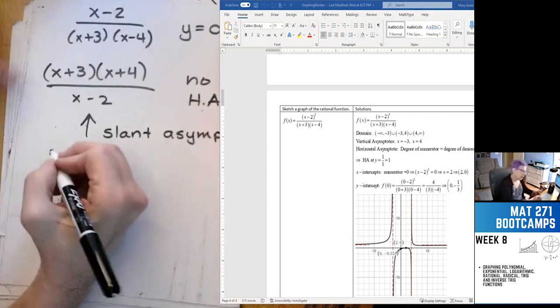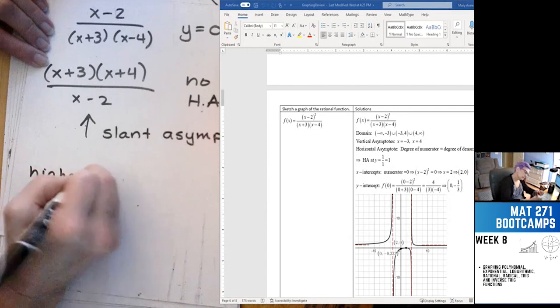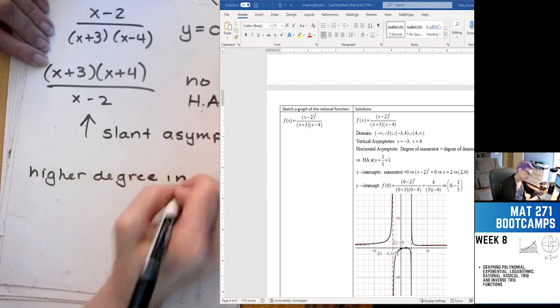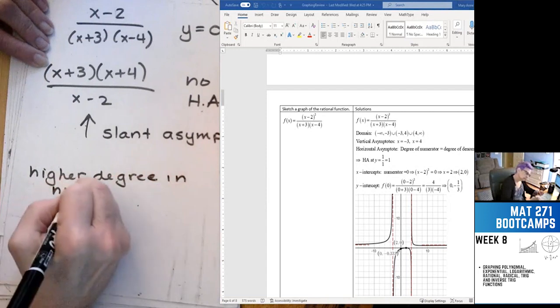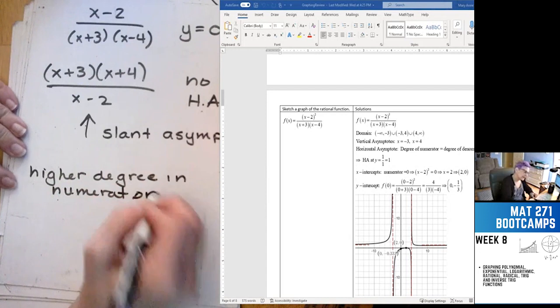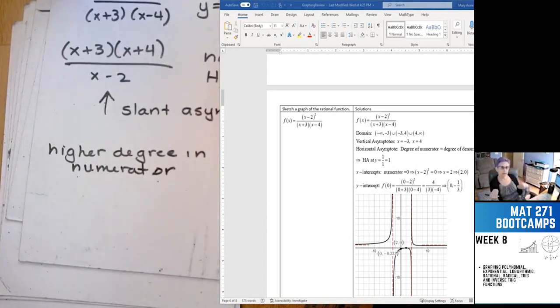So if you have a higher degree up top, then you look at the first terms and your end behavior will behave like whatever polynomial you end up with when you look at the first terms.